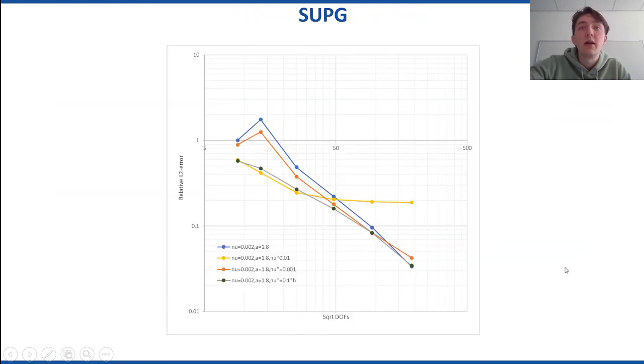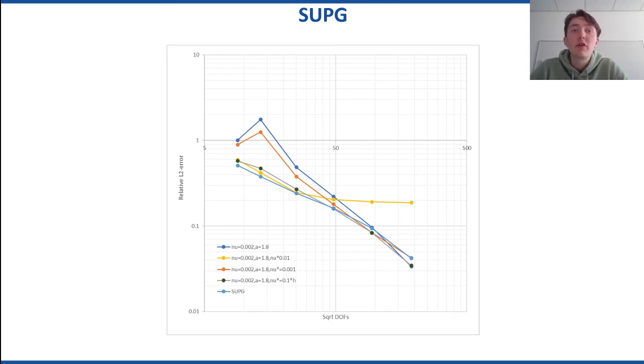But the problem was that it leveled off because the physics were incorrect, so we could use artificial diffusion that was also scaling, but it's not so nice because it's acting in all directions and it's variationally inconsistent. And this is now the line that you would get if you also add SUPG, where we see that in that pre-asymptotic range, in the large error range, we're able to reduce the error very significantly, but it also converges in the way that we expect. So that's kind of what we've built up so far.